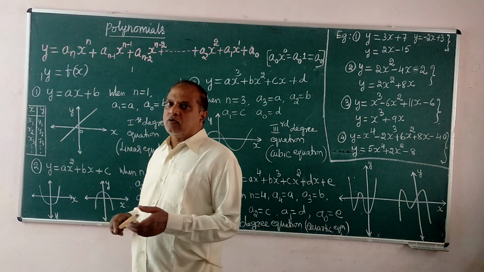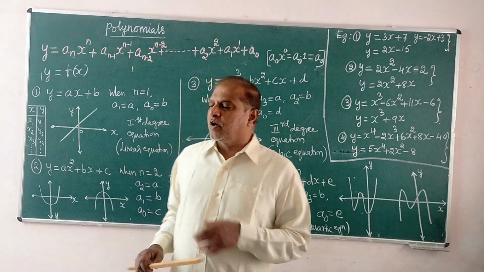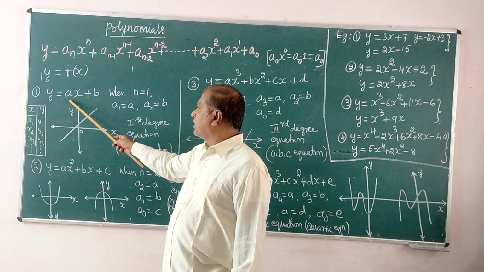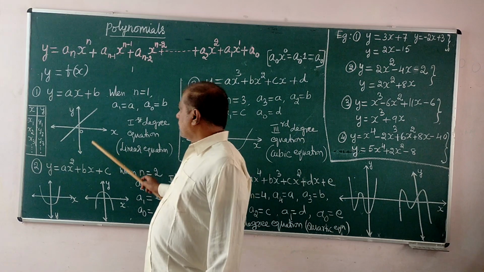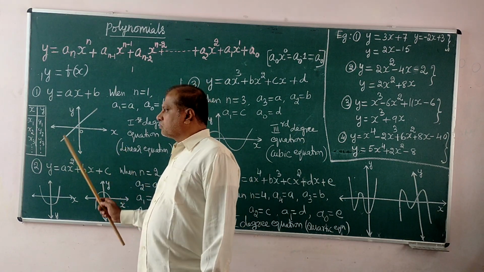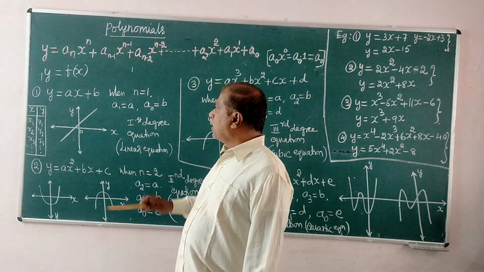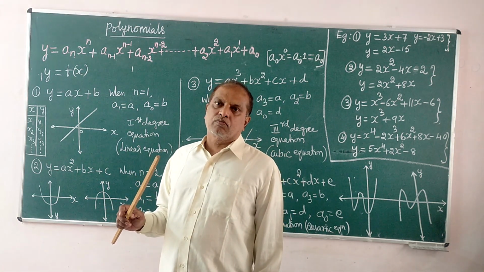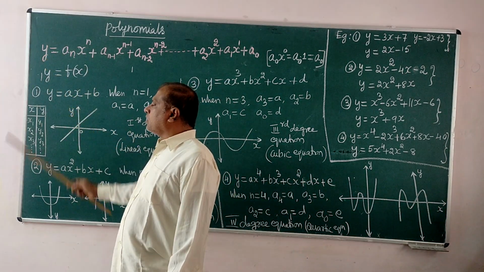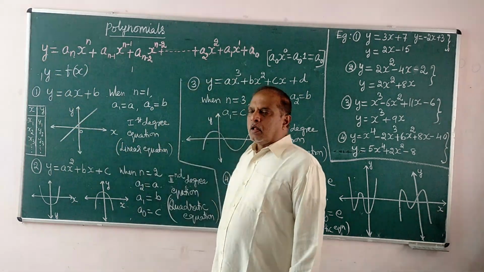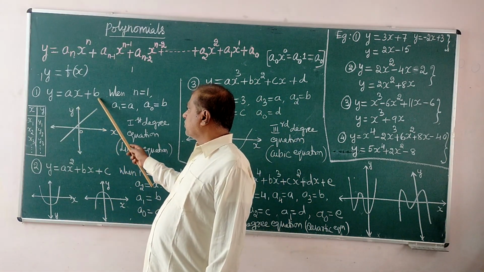But a relative variation can be either expressed in the form of mathematical or algebraic equation or in the form of graphical representation, graphical form. The relative variation between x and y can be either represented in the form of algebraic equation.